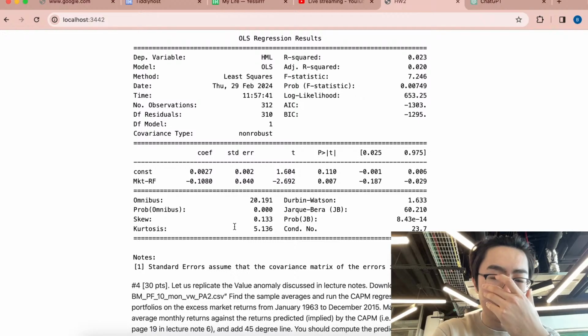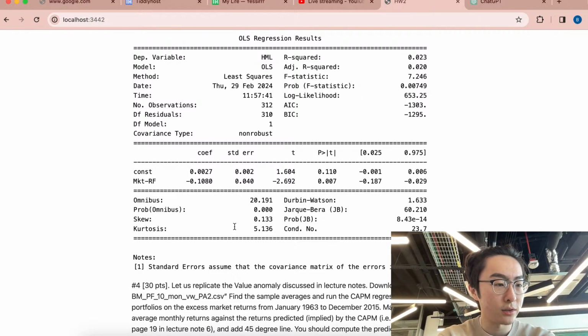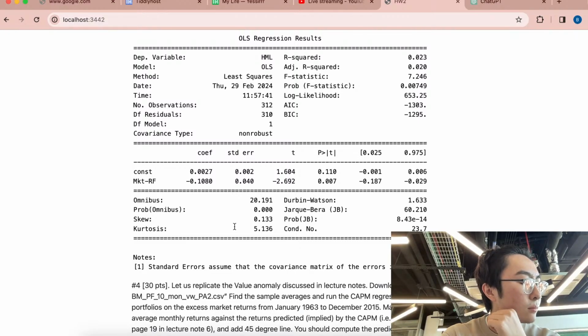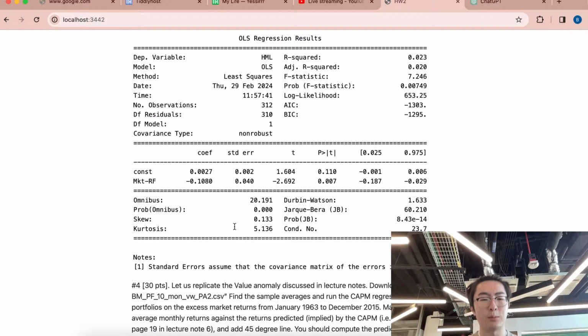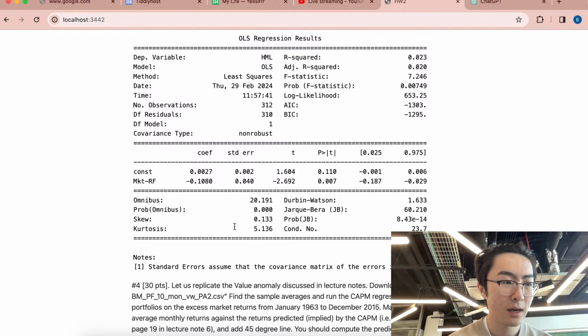Or maybe there's another way we could test it. We could compare the returns before 1993 and after 1993. I'm trying to think. And then maybe use the sample mean from the returns of before 1993, and that could be our null hypothesis.